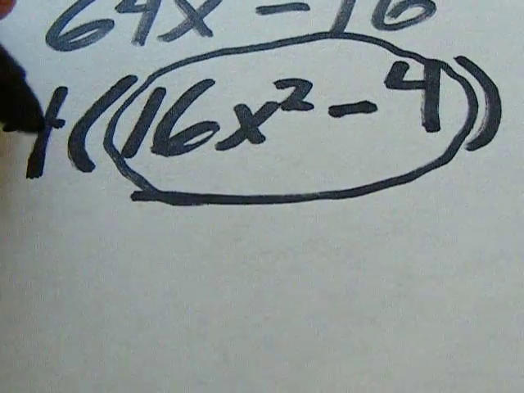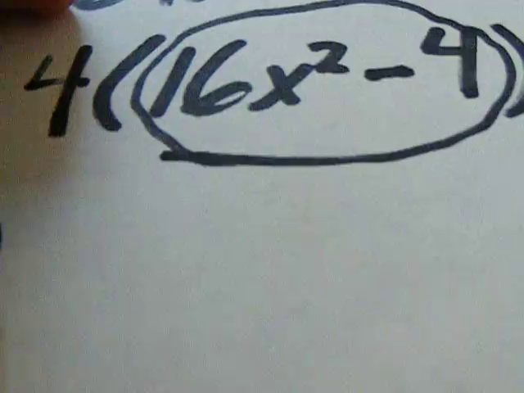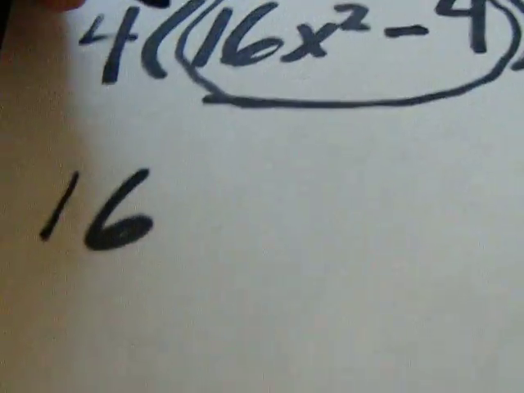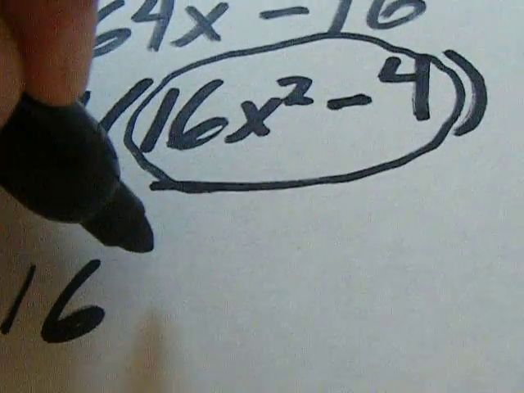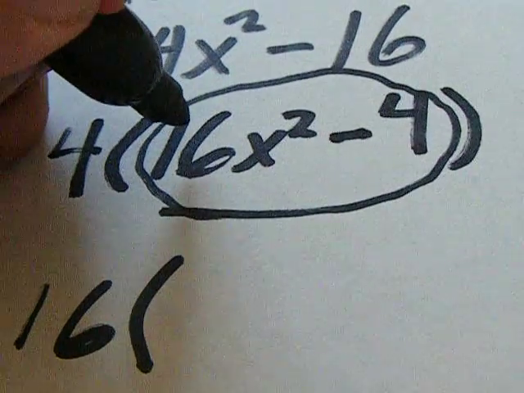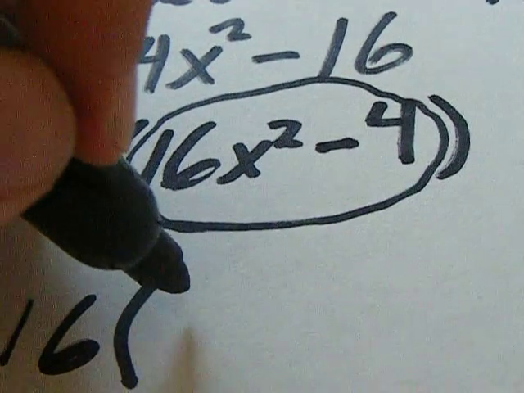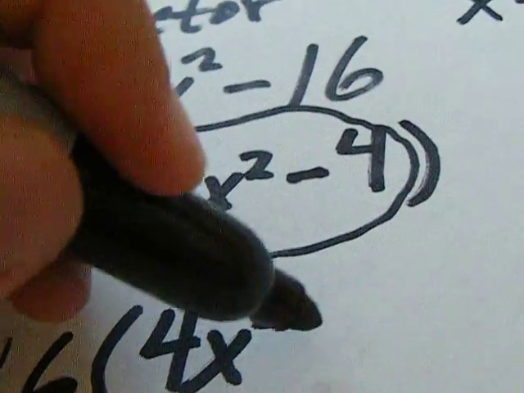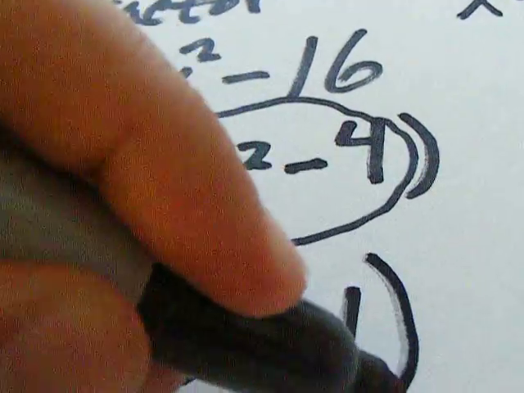I'll take out another 4, making this 16 out here, which should have been obvious from the first step that I could get 16 out. If I take out another 4, 16 divided by 4 will give me 4, and I have the x squared still. 4 divided by 4, 1.